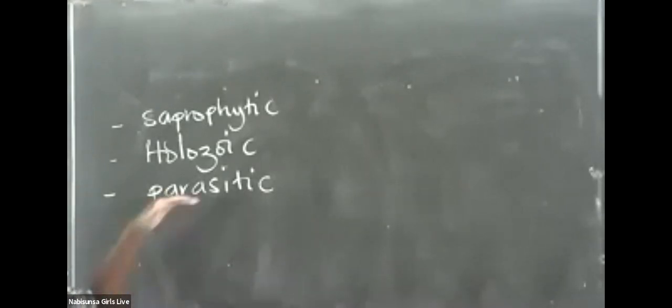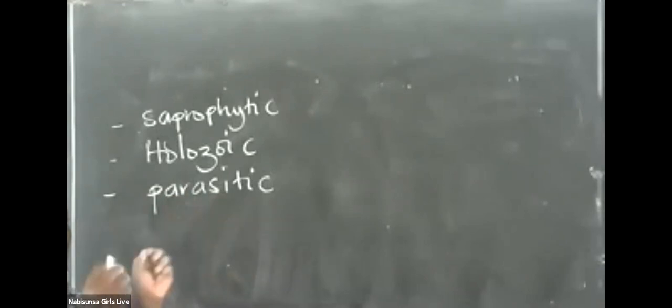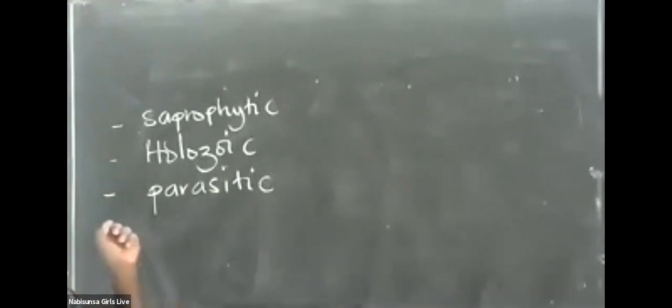That's what parasitic nutrition means. One organism obtains nutrients from another organism and causes what? Harm. In the process of obtaining the nutrients, it causes harm to the host.